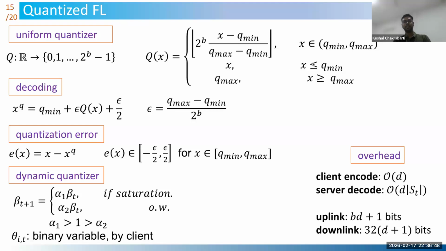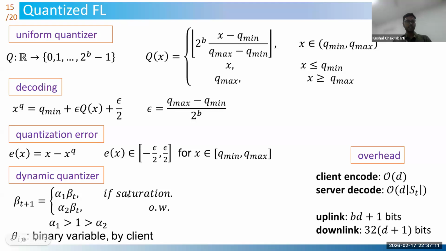What is saturation? Saturation happens when your actual model value is outside this interval, so it is either less than minus beta t or greater than plus beta t. Whenever a client runs into saturation at the current time, it indicates that by a binary variable, which I denote with theta it.